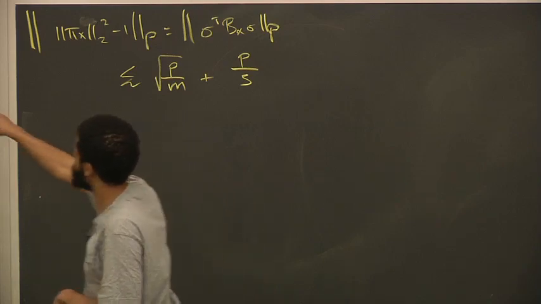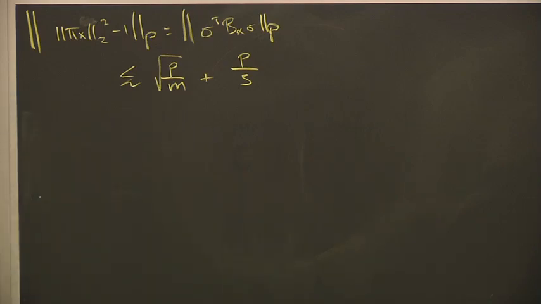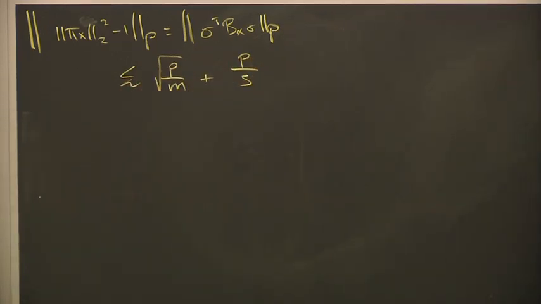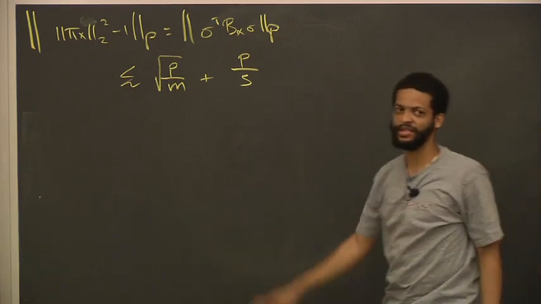Where? You mean over here? Well, we just showed the p norm is 1 over root m, right? Yeah. So I put in that root p.